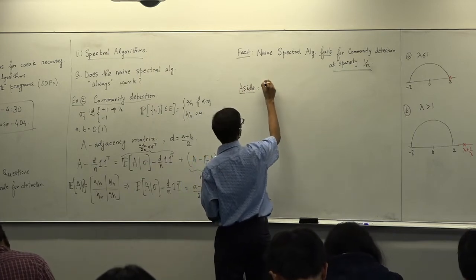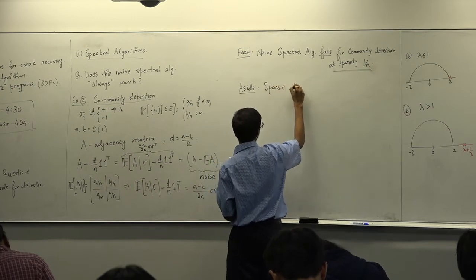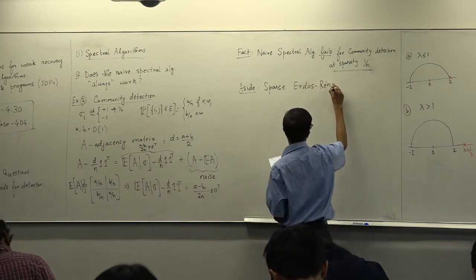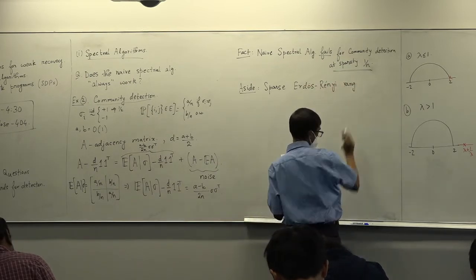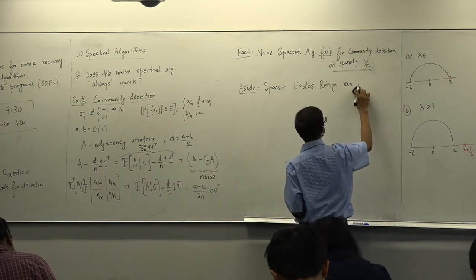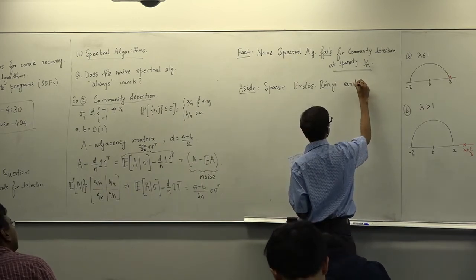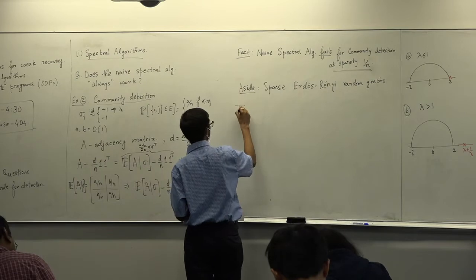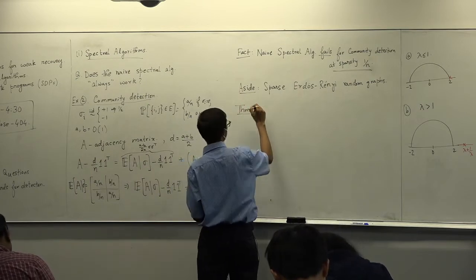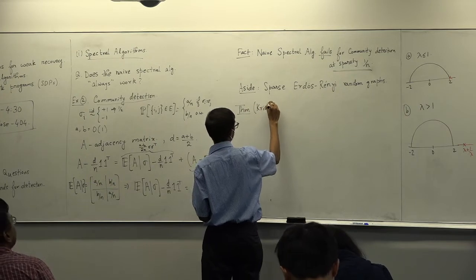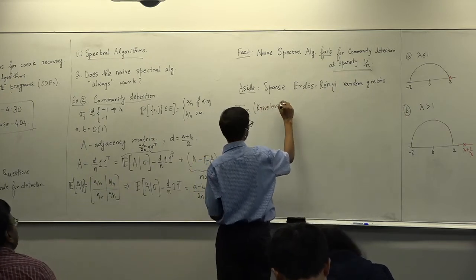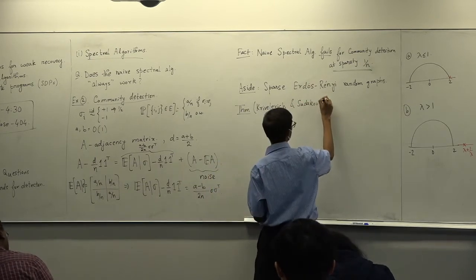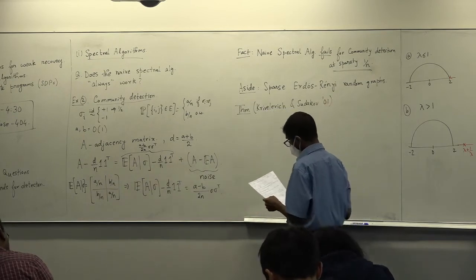Sparse Erdős-Renyi random graphs. So this is actually a very famous result due to Krivelevich and Sudakov from 2001.